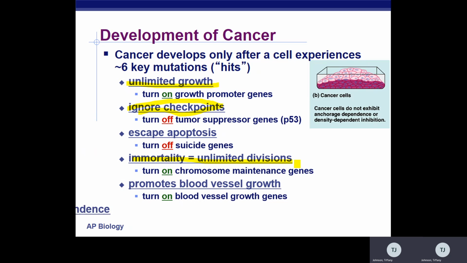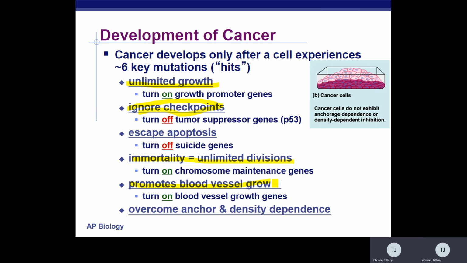At some point, your body says, you know what? I see this clump of cells over here. It looks hungry. When your body notices that, sometimes your body will send blood vessels to feed the cancer cells with oxygen and glucose.